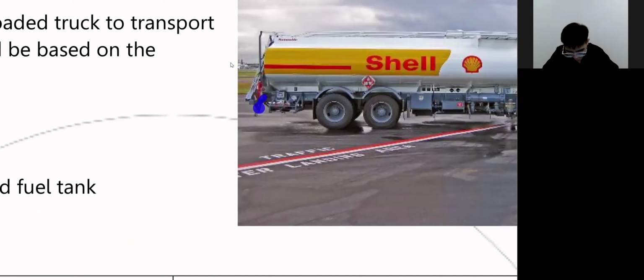At the back of the oil tanker truck, they will put a belt made of rubber. Sometimes they use a metal chain connecting the tank to the surface of the road. So the chain or the belt will be dragging on the road, touching the road, and pulled all the way.